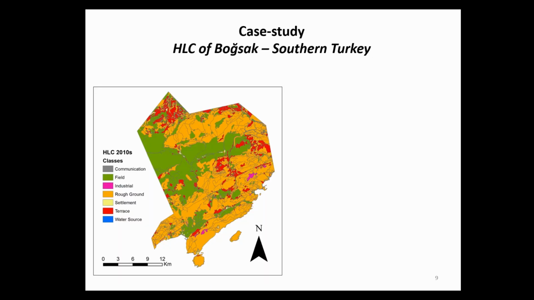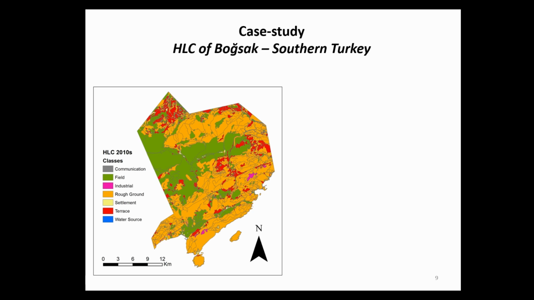The case study that I used is the historic landscape characterization that we've prepared in Newcastle for an area in southern Turkey. In particular, I analyzed, as you can see, there are a lot of different categories, and these are only the broad types, not the individual character types.